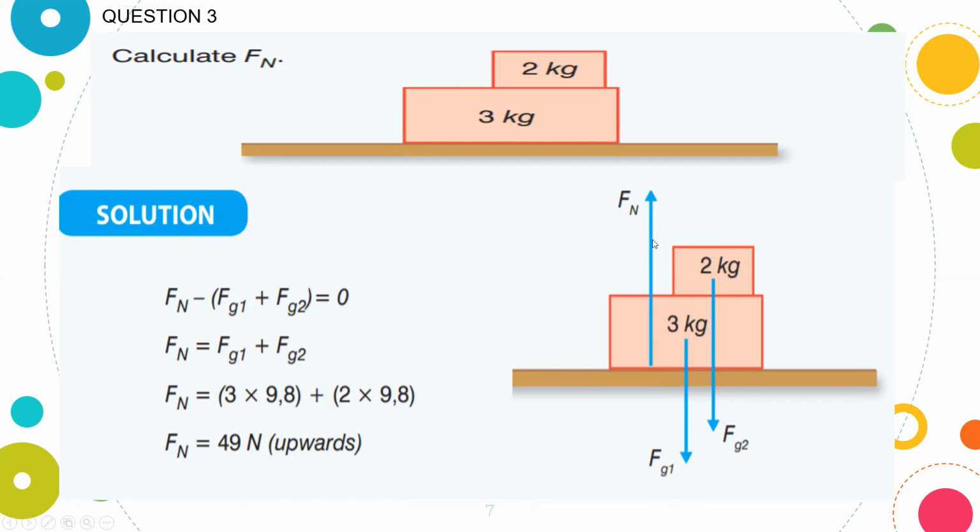And then what else we have, people? F normal. So what's different from other one? Only F normal minus Fg, but now F normal minus Fg1 plus Fg2 total force, because both same direction. If you choose positive this side, other one negative, you have 2 forces on negative side.